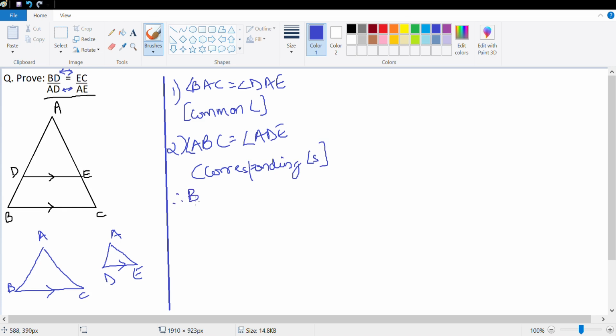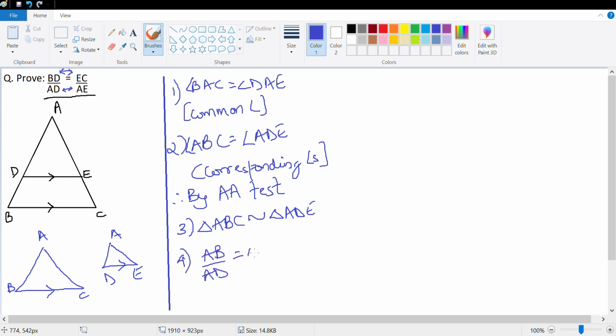Perfect. Therefore, by AA test, I have these two triangles as similar, which means triangle ABC is similar to triangle ADE, which gives me a proportionality, which is AB upon AD is equal to AC upon AE is equal to BC upon DE.